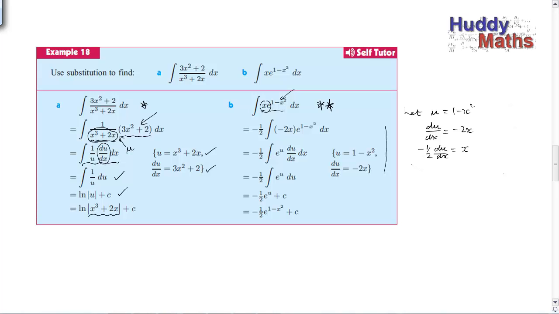Now our integral, watch this, our integral of x e to the 1 take x squared dx is equal to the integral of e to the 1 take x squared, but instead of our x, let's put in here negative a half du by dx. See, it's a slightly different way.